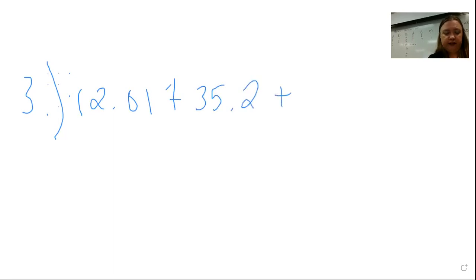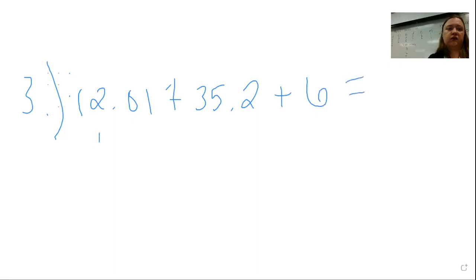Forgive my horrendous writing. But we have 12.01 plus 35.2 plus 6.